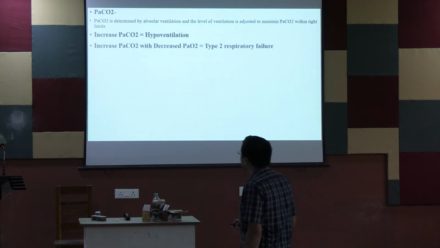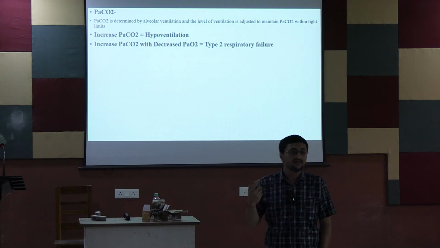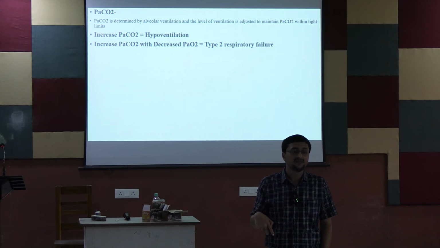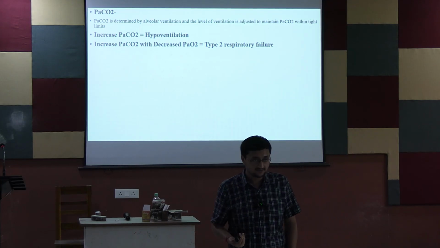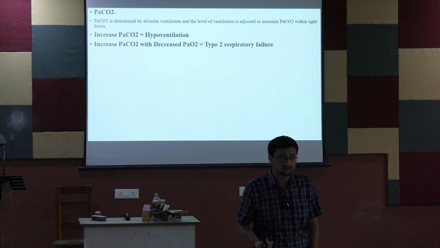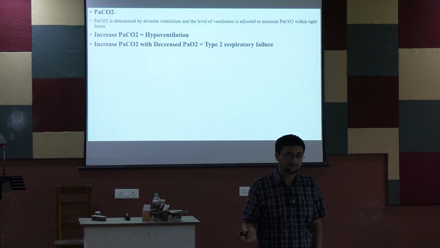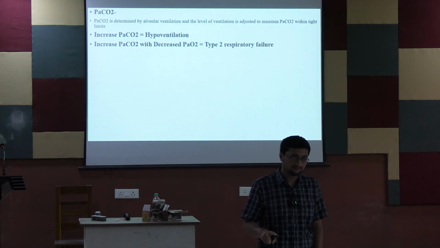So increased PaCO2, that means there is hypoventilation, whereas decreased PaCO2, that means hyperventilation, especially in case of anxiety disorder. যখন পেশেন্টের অ্যাংজাইটি ডিসঅর্ডার হয় তখন পেশেন্টস কি করে? হাইপার ভেন্টিলেট করে। That leads to carbon dioxide wash out. The PaCO2 falls below the level of 40.